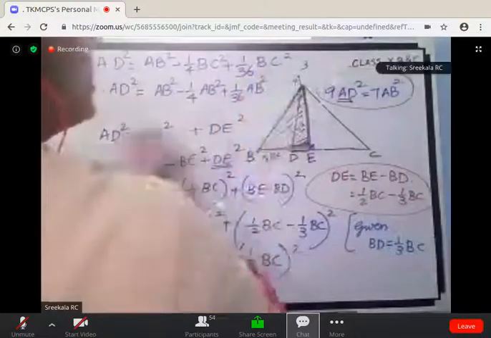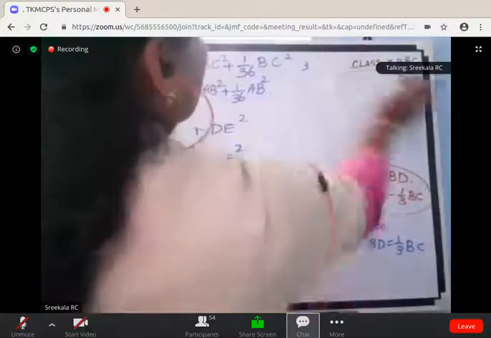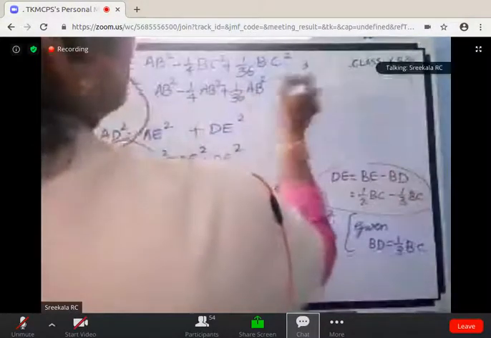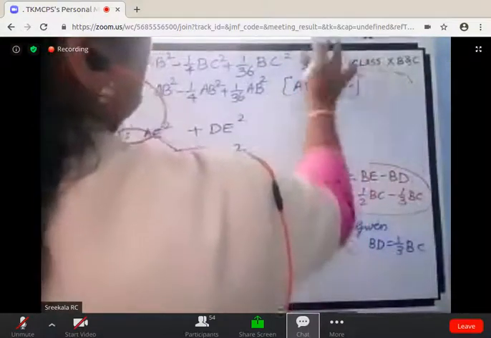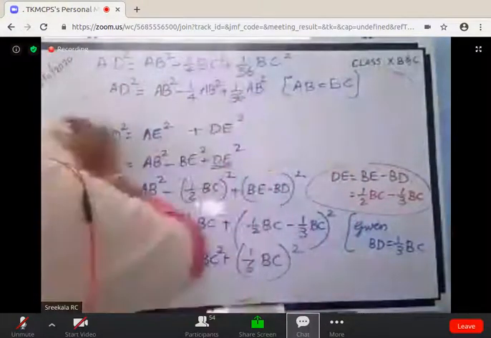Because we know that AB is equal to BC, in an equilateral triangle all the sides are equal, so BC we can convert it.